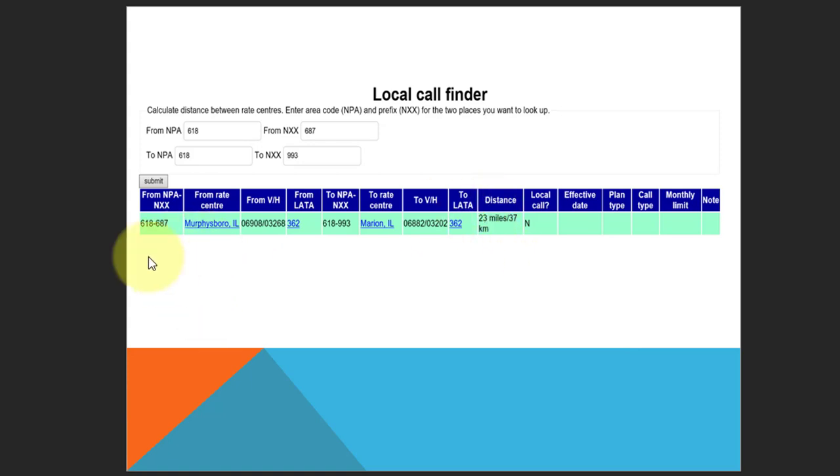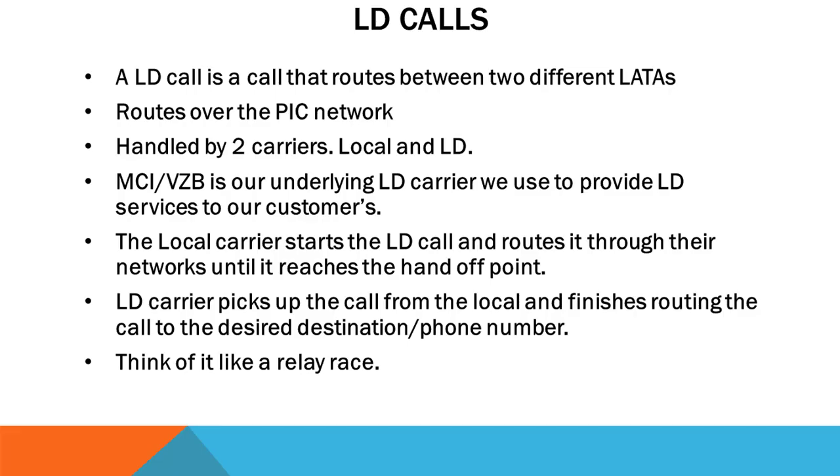So the biggest thing to note with the local calling guide is to look at the LATAs. If they're matching, it's going to be either a local long distance call or a local call. If we have matching LATAs and it's a no, that's a local long distance call. If we have matching LATAs and it's a yes, that's a local call. And if the LATAs are not matching at all, that's long distance.